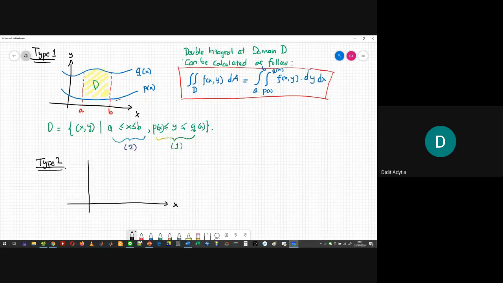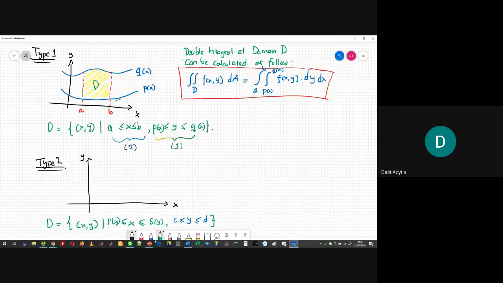Let's say this is x, this is y. In type 2, the domain of the computation is a set of x and y with the condition that x is now between two functions, r(y) and s(y), and then y itself is constant between c and d.